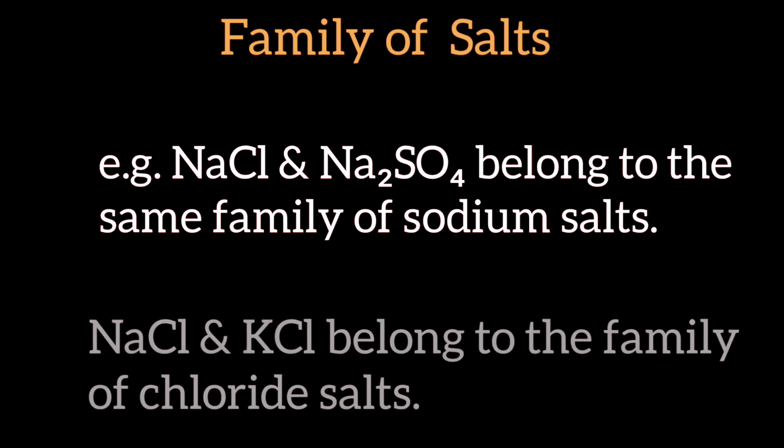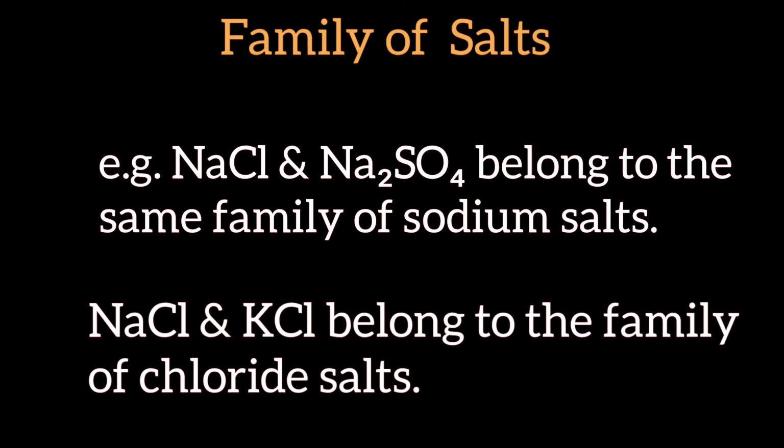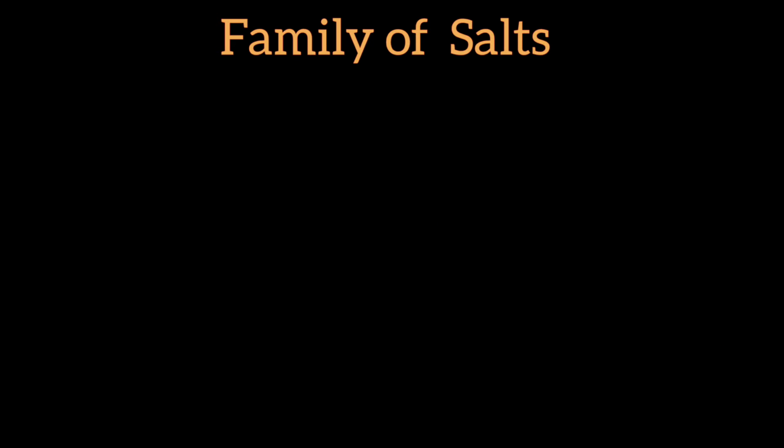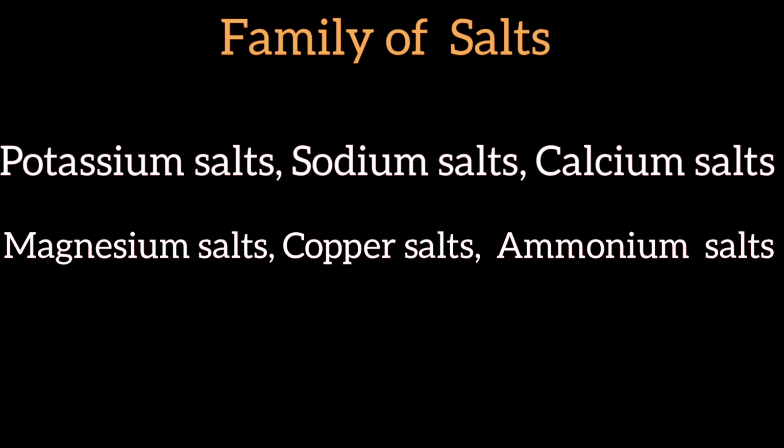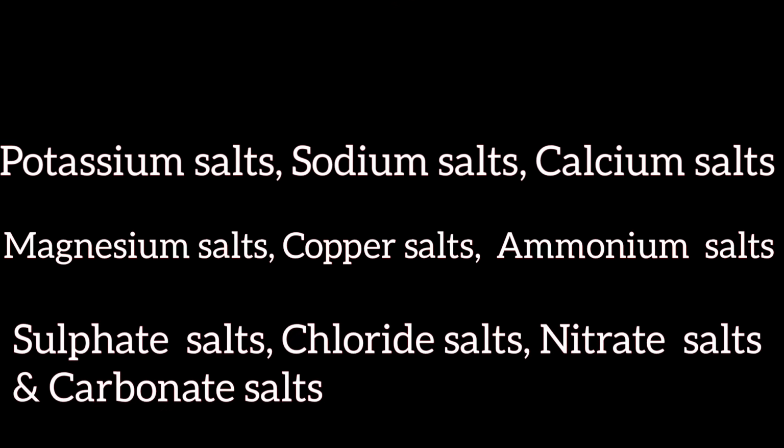And sodium chloride and potassium chloride belong to the same family of salts called chloride salts. Some families of salts are potassium salts, sodium salts, calcium salts, magnesium salts, copper salts, ammonium salts, sulfate salts, chloride salts, nitrate salts, and carbonate salts, etc.